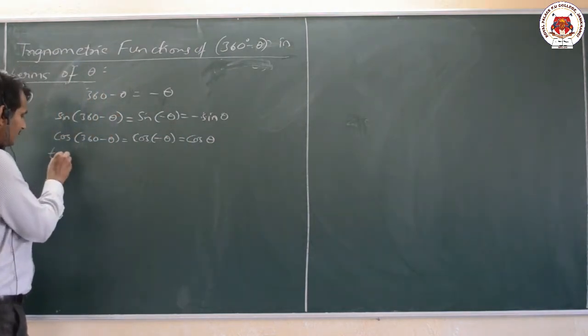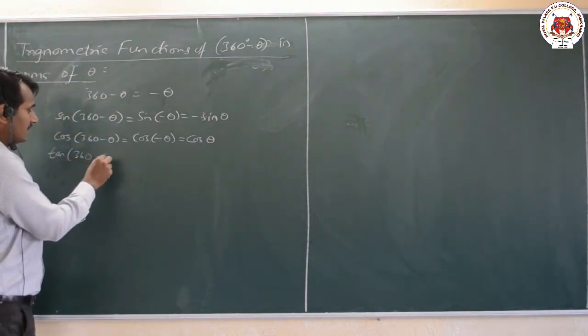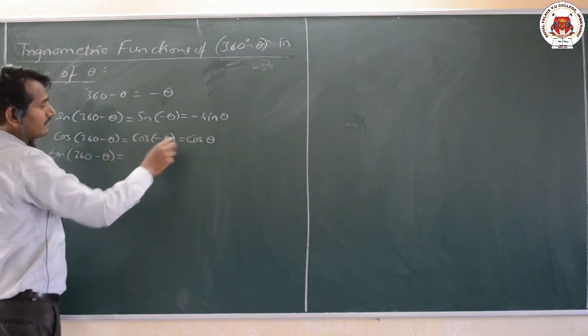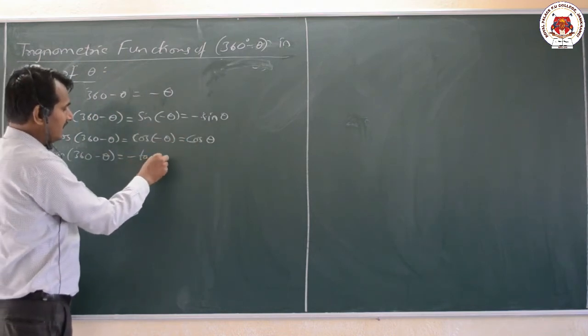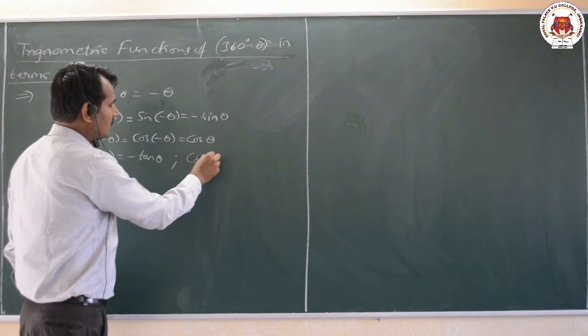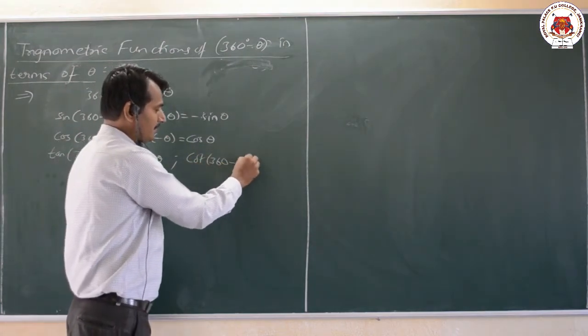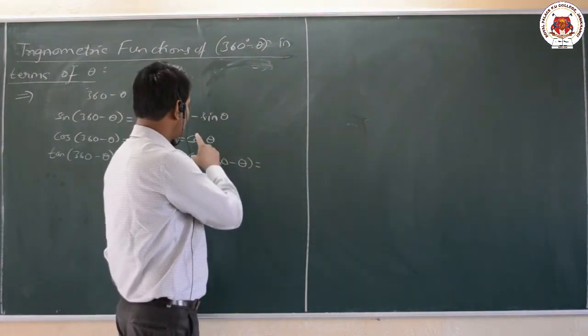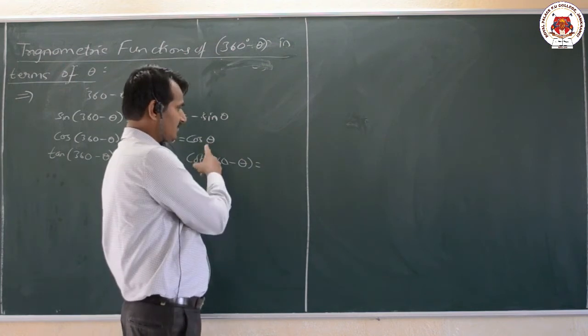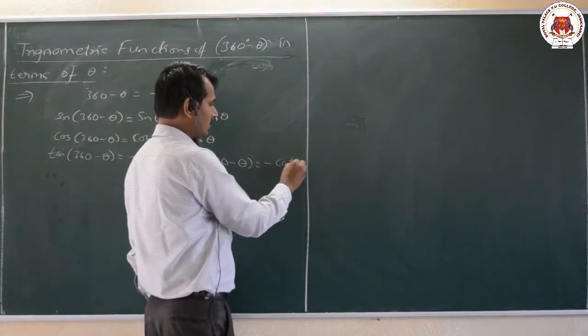Similarly tan, that is tan of 360 minus theta, that is sine by cos, what we get here? Minus tan theta. Similarly cot of 360 minus theta, the value will be the opposite of that, that is cos by sine, minus cot theta.